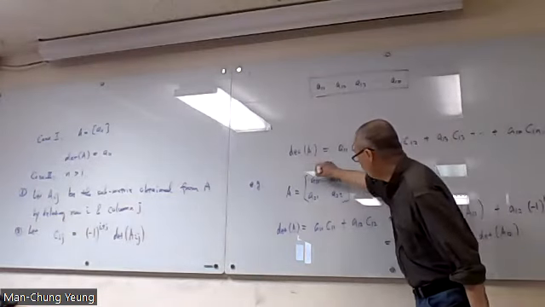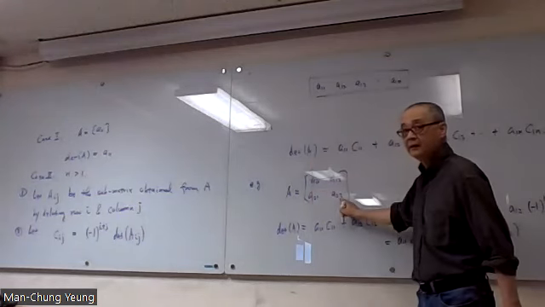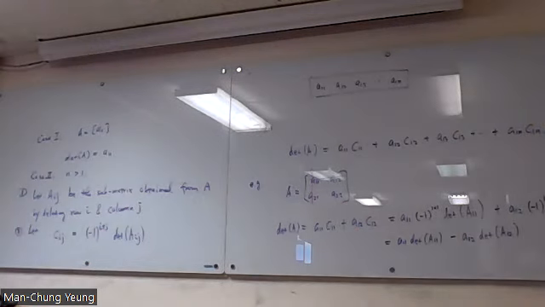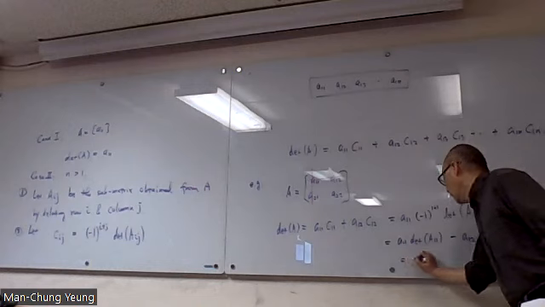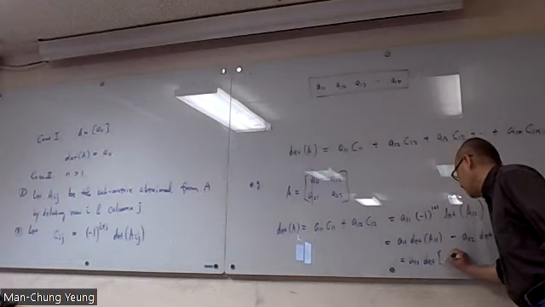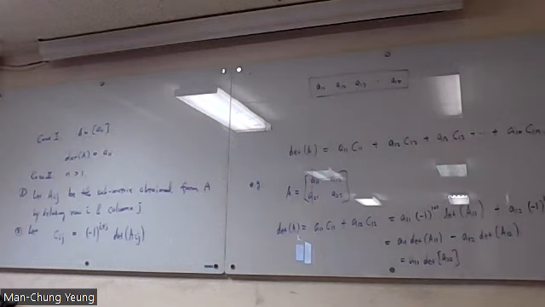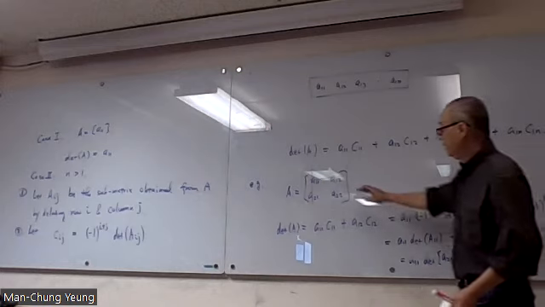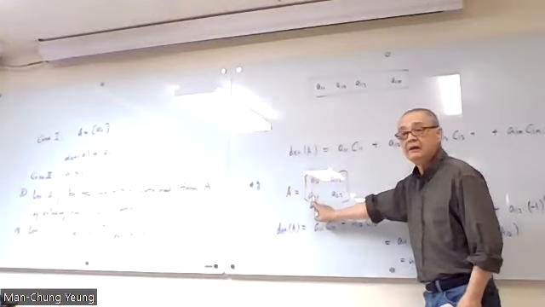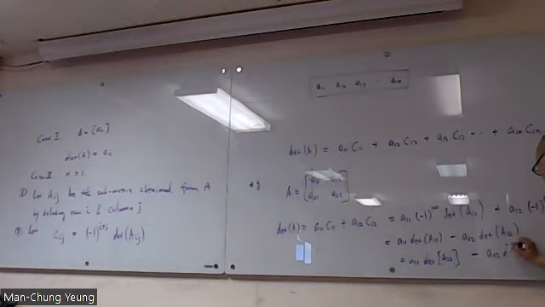Delete row 1, column 1, then the remaining entry is A22. So this is A11 times the determinant of the 1 by 1 matrix A22. Then minus A12. What is capital A12? Delete row 1, delete column 2, leaving A21. So this is the determinant of A21.